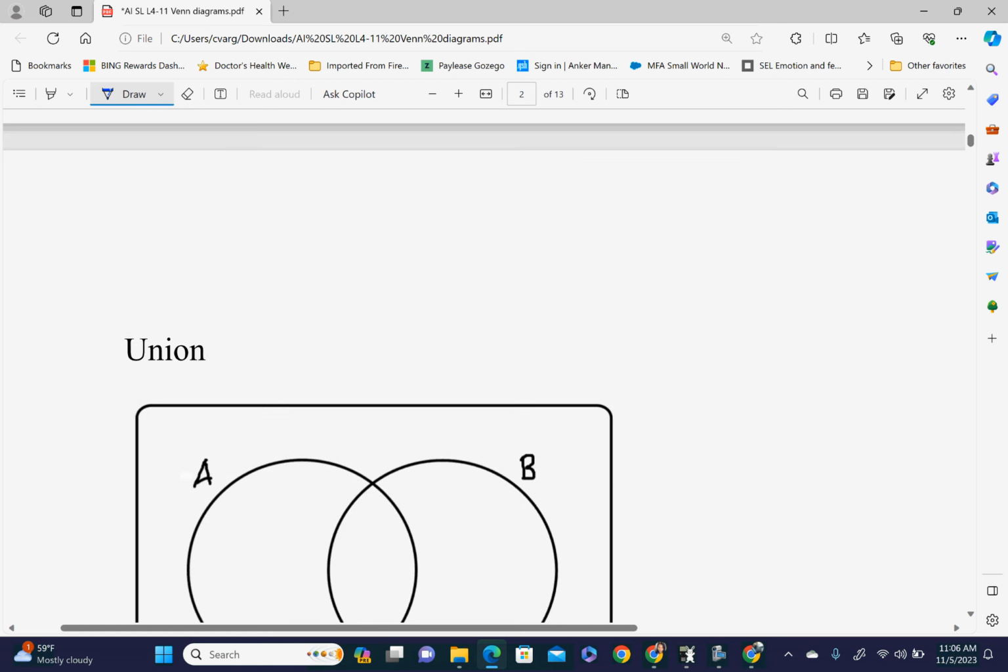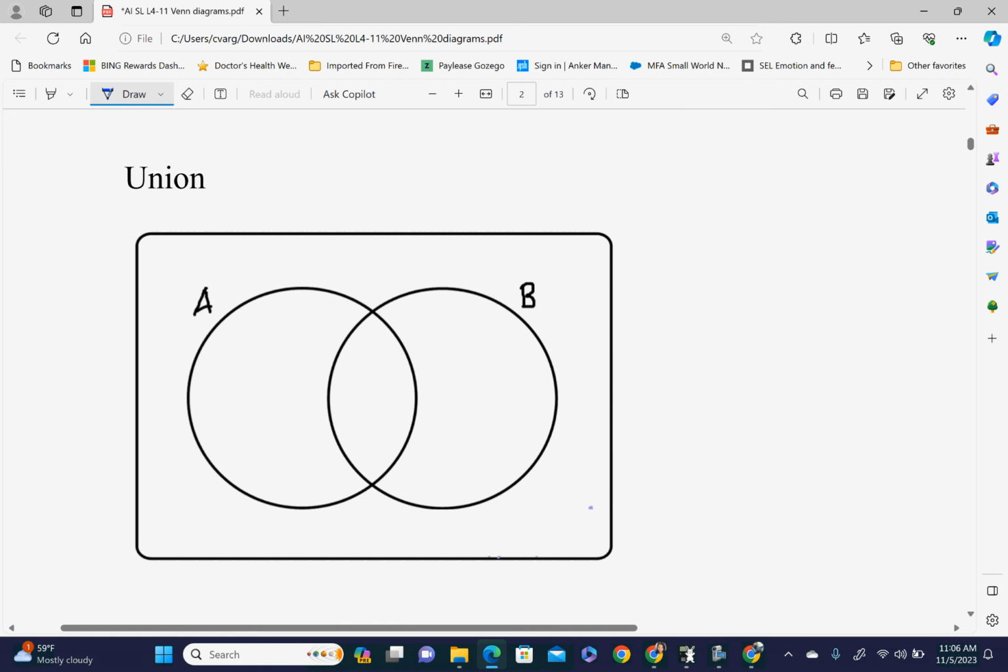All right. So union is basically or, okay? So this is the word or. So union, it's very easy to be part of group A or group B. So you can be in A or in B. If I were to shade where that is, the probability of A is going to be here.